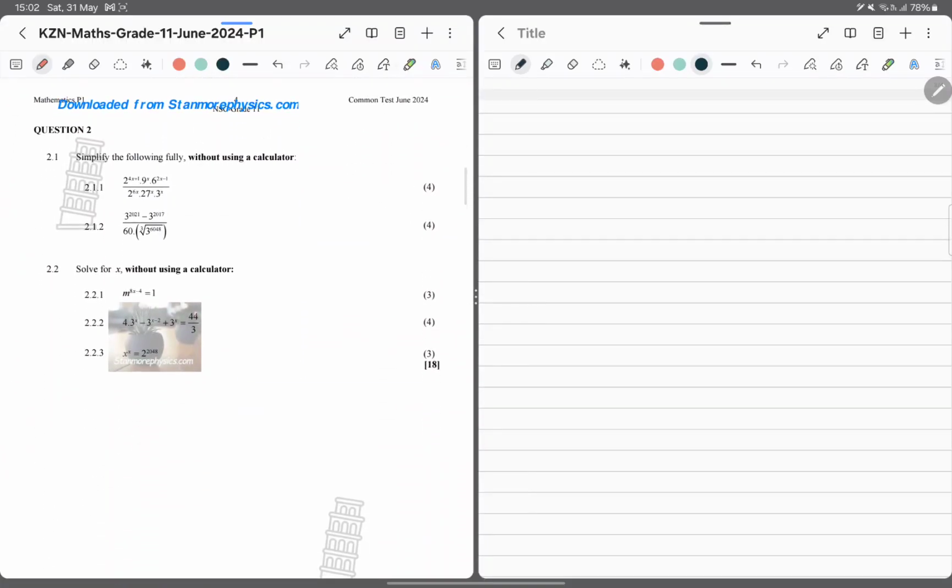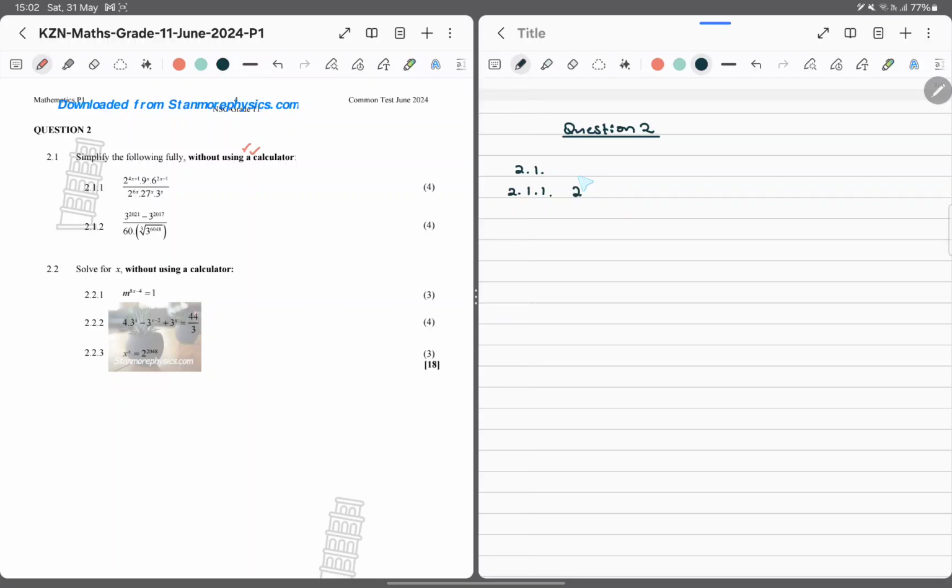Okay, let's get to question 2, still doing algebraic expressions. So here we are not to use a calculator, so this suggests that every little step must be shown. 2.1.1.